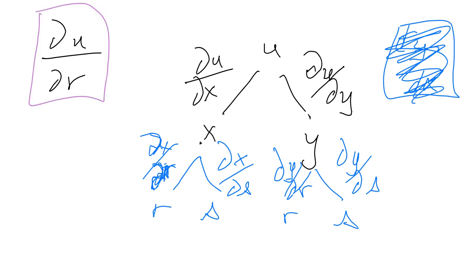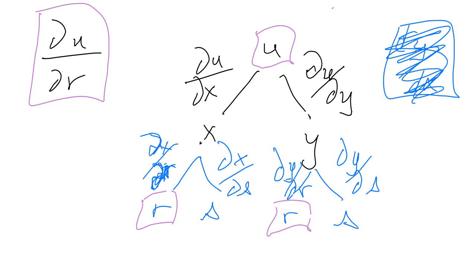So if I want the partial of u with respect to r, here's my u and here's my r's. Notice there are two different places that r shows up there. So what I need to do is come along the path that connects these together. So u down to r here, and then u down to r here.